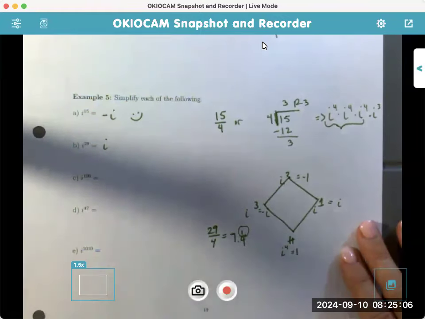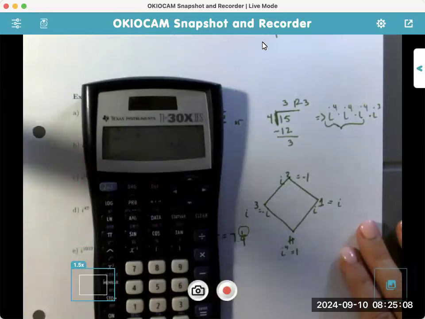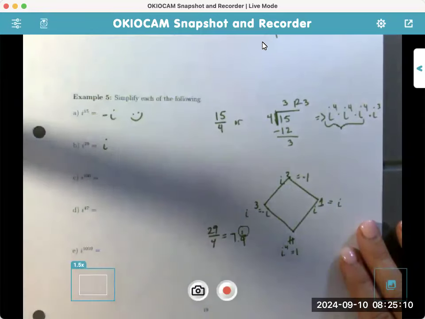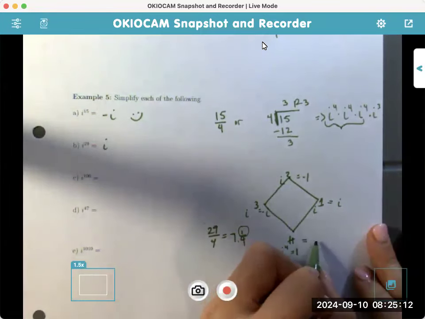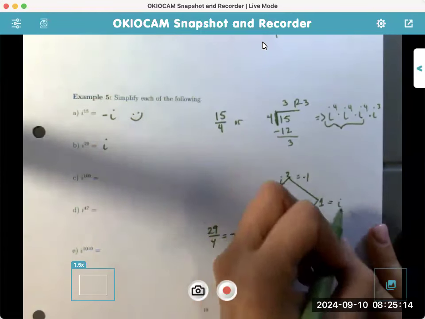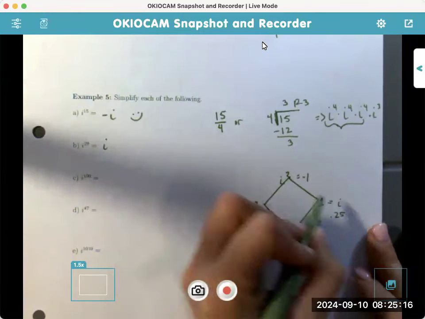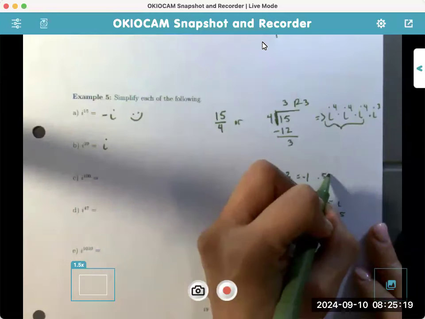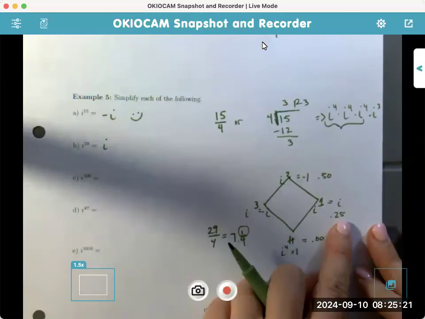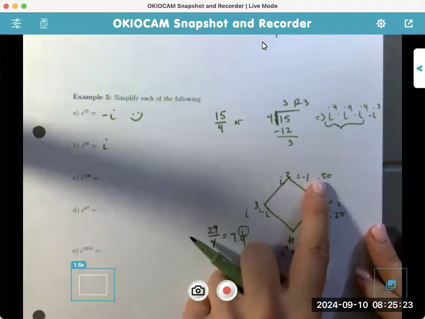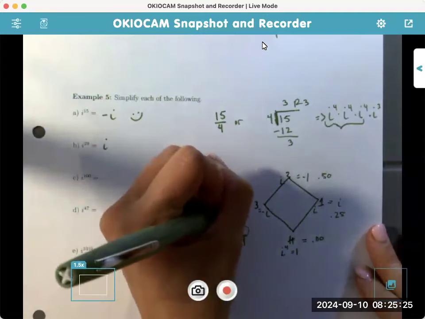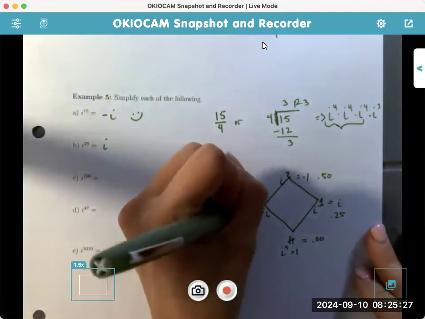So another way to think of it in terms of the division is that home base is also, if I have a 0.00, I have a 0.25, a 0.50, because 1/4 is 25, 2/4 is 50 cents, 3/4 is 75 cents, right?